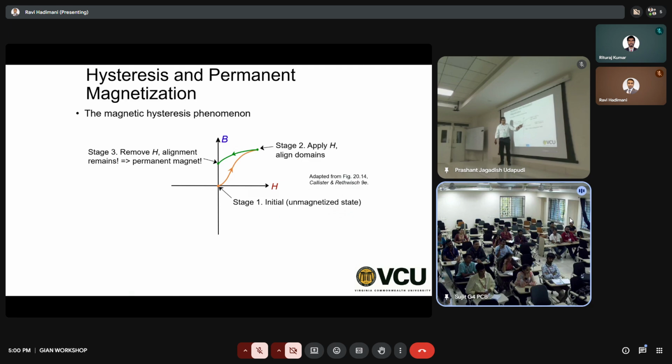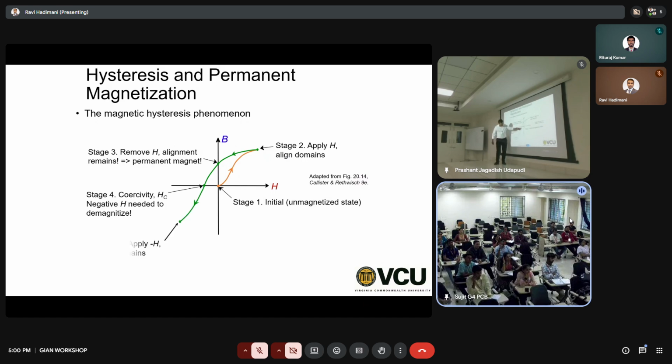This is called the remanence. Not all materials will have remanence, only some materials will. It is useful; we'll talk about that later. Now if you take the magnetic field in the opposite direction, you can make it zero. So here the B is zero, but you are at a negative magnetic field.